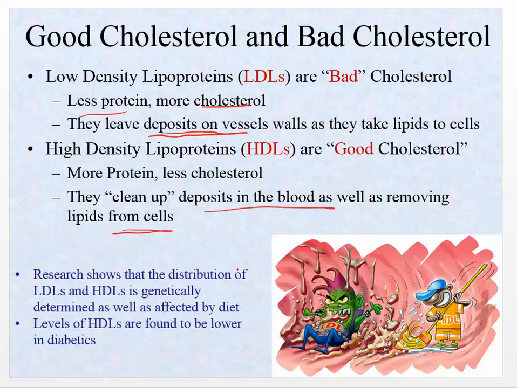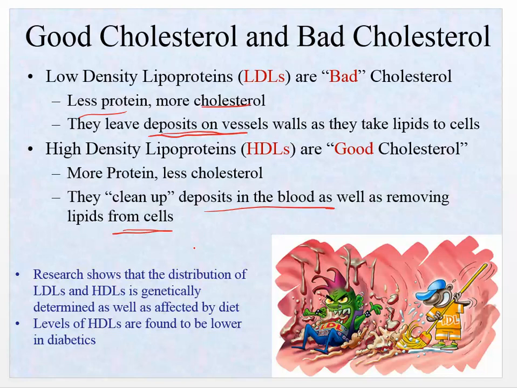Okay, so research shows that the distribution of LDLs and HDLs is genetically determined, and that was a big problem because it used to be that we just checked cholesterol levels. Then we started looking and saying, well, some people with high cholesterol aren't necessarily sick, and we realized that they had more HDLs in their body.